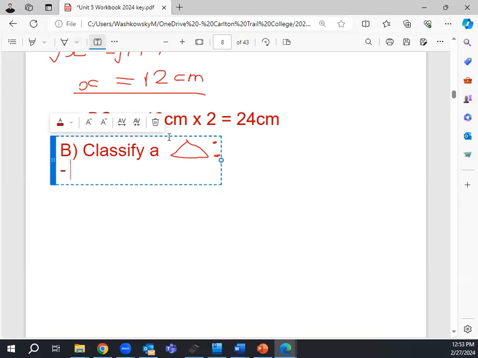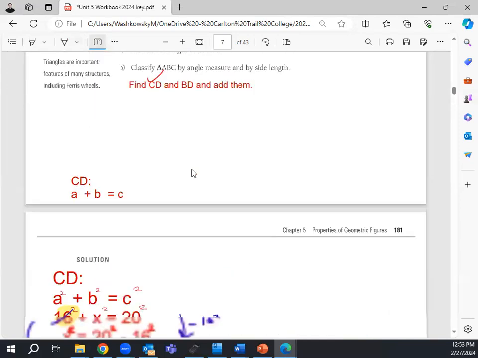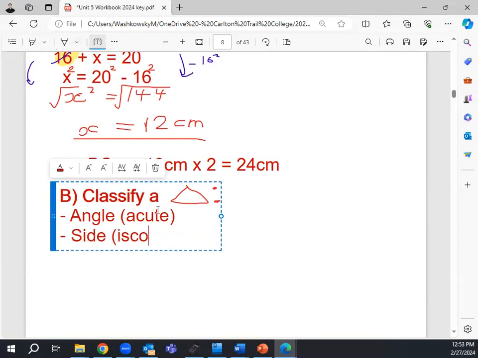We need to classify it by angle, which we did. It's acute. We need to classify it by side, which we did. We know it's isosceles. It's an acute isosceles triangle.